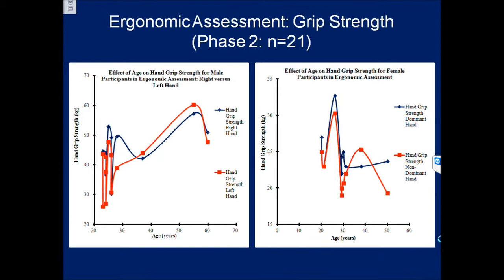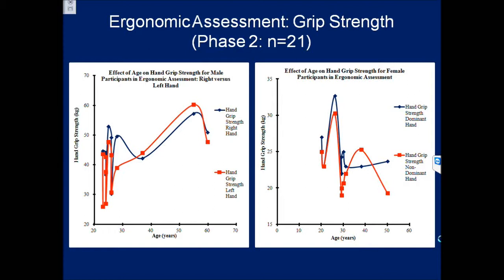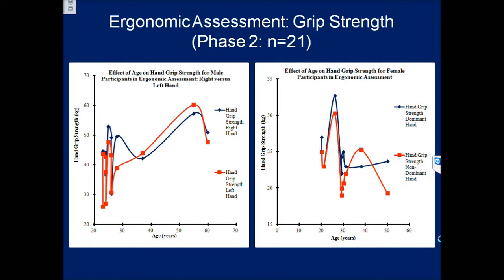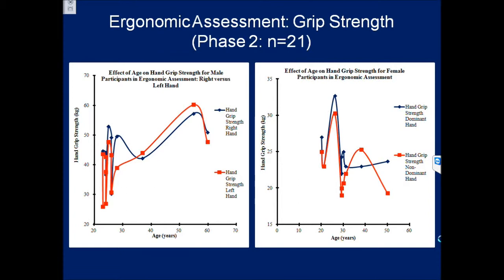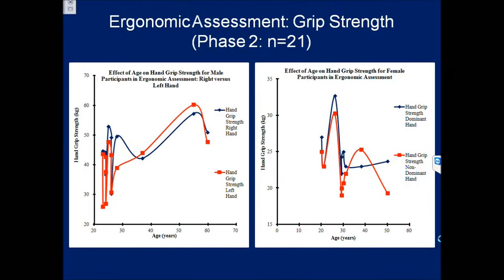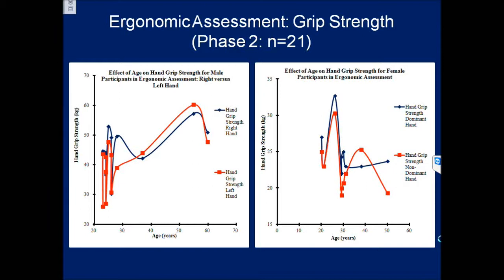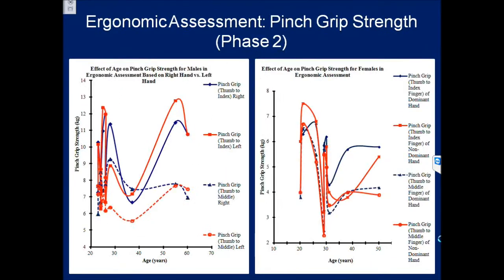Even though it looks like there are real extremes, I know from your class that you expect the hand strength to decrease as people get older. Actually, in some of the research, it's not until you get to 60 that some of the decreases occur. But this was a slightly unusual mix, because Dr. McLaughlin was one of the stronger ones. But the female population fell within the normal female population means, and the same thing with the pinch grip strength.